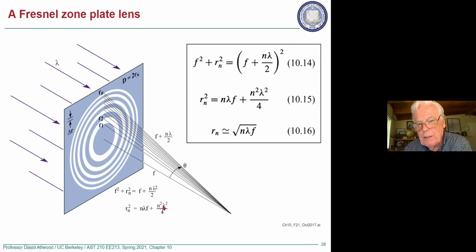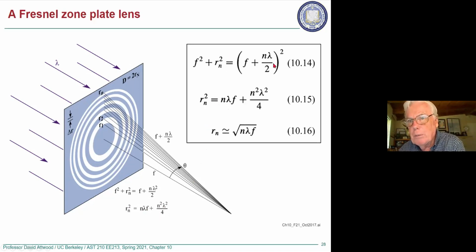This term is relatively small, so in what follows I'm just going to use the first part, and we're going to leave this out. When we actually make them in the laboratory for use, we include this term. It's small, but we include it. But for the mathematics and how to understand the zone plate, it's not necessary. It's reasonable accuracy to take this part and rewrite these formulas here.